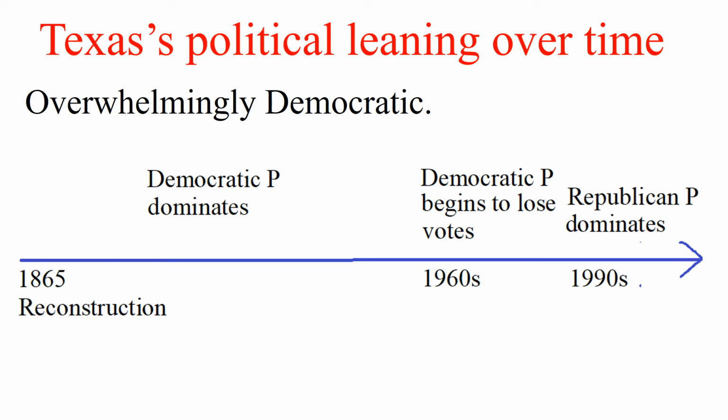Starting from the 1960s, for a number of reasons, which we'll cover in a few moments, the Democratic Party began to lose some votes, and starting from the 1990s, the Republican Party passed the Democratic Party in most elections, and since then it has been dominating the politics of Texas.